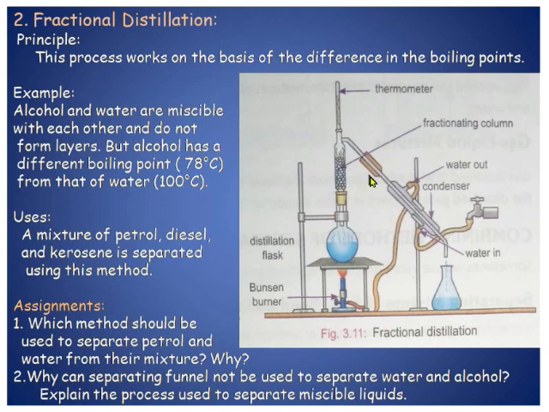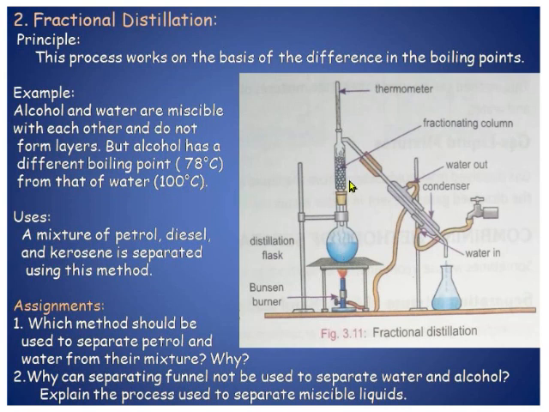Vapors of alcohol in this pipe will get condensed using this condenser. The vapors of alcohol will get condensed and will be collected in another beaker. But water will not get evaporated at 78 degrees Celsius because its boiling point is 100 degrees Celsius.